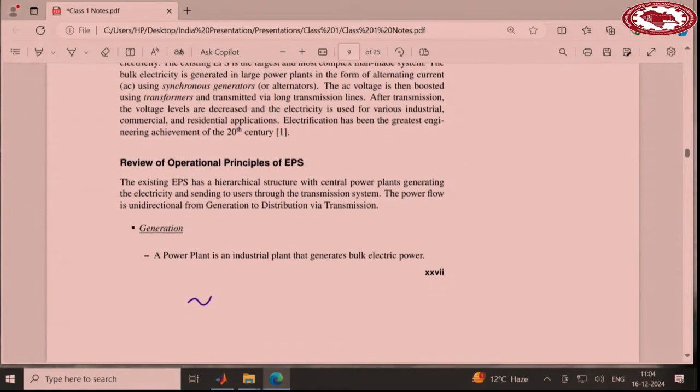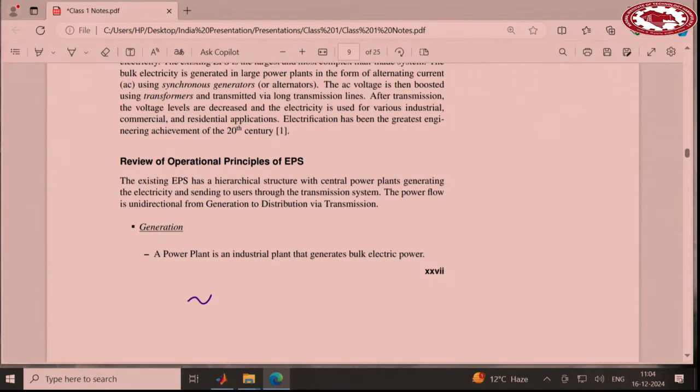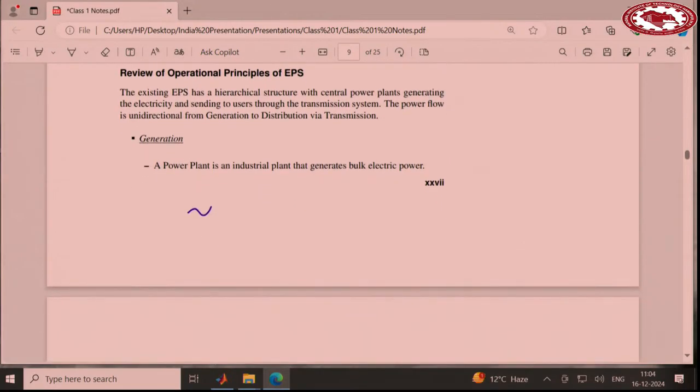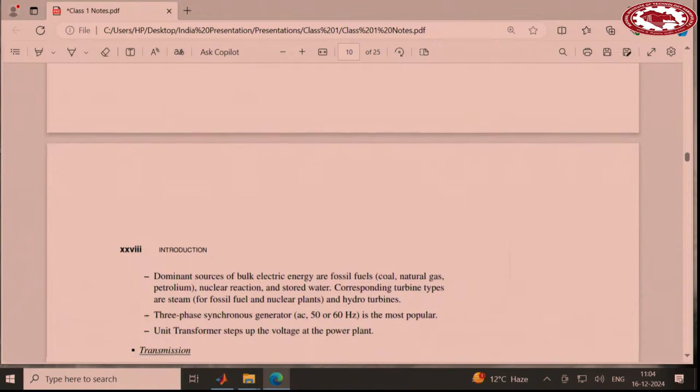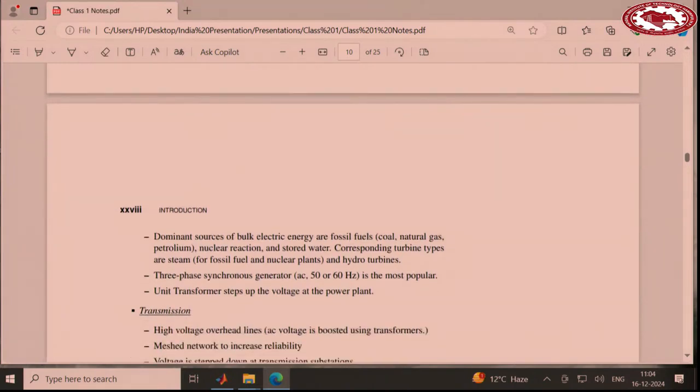So if you look at this statement that I just said, you can immediately see that a power system has three main components: generation, transmission, distribution. So it's a hierarchical system. So generation is basically a power plant that generates bulk electricity. When we say generate, it's not generation, it's conversion, because energy you do not generate, you convert from one form to another form.